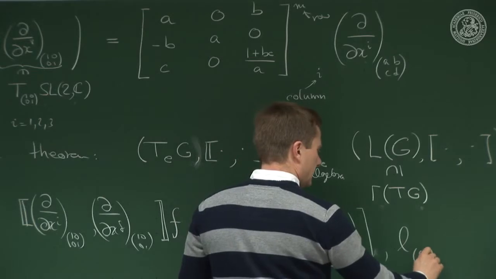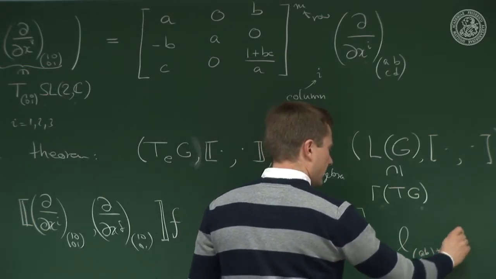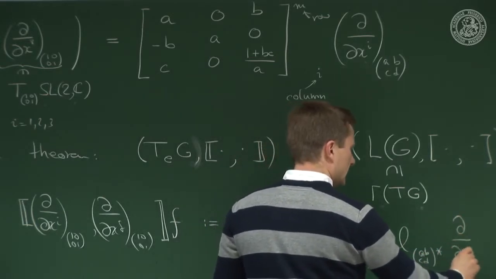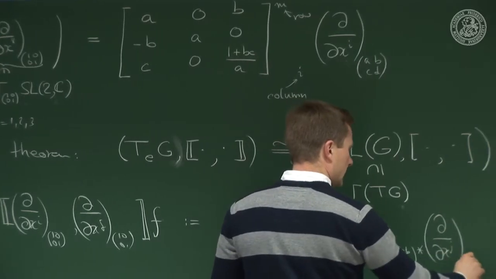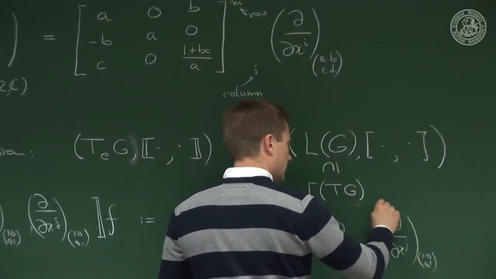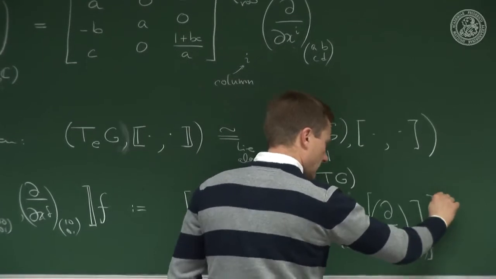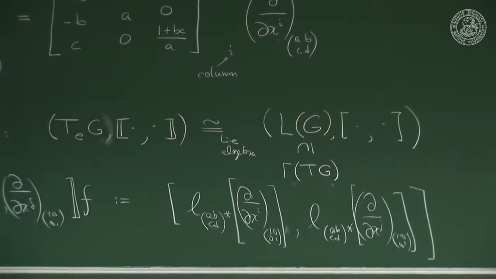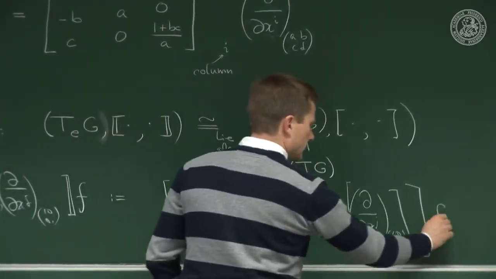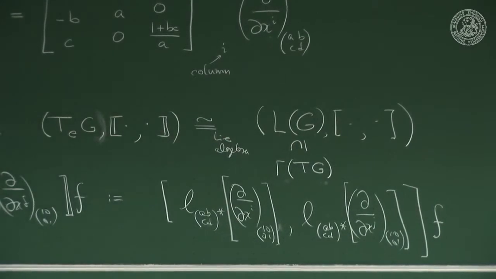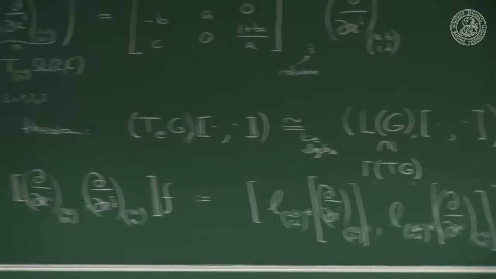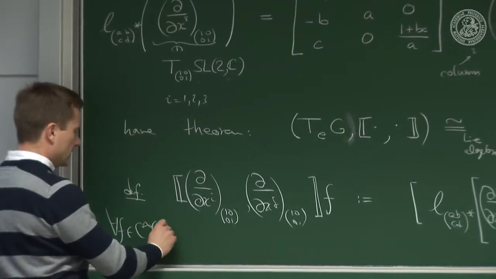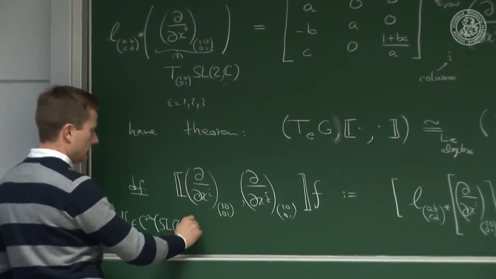And again, L, A, B, C, D, push forward of d by dxj at the identity here. It's like this. And now the differential geometric Lie bracket closes. We decided to define this by action on an arbitrary function f, which is a smooth function on SL2C.